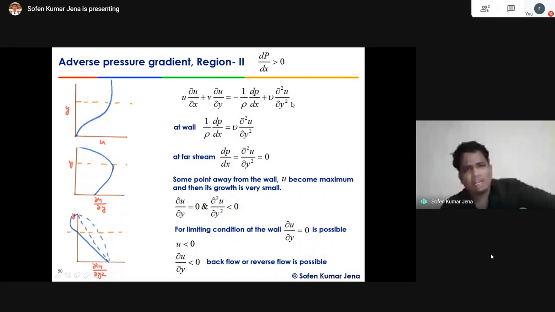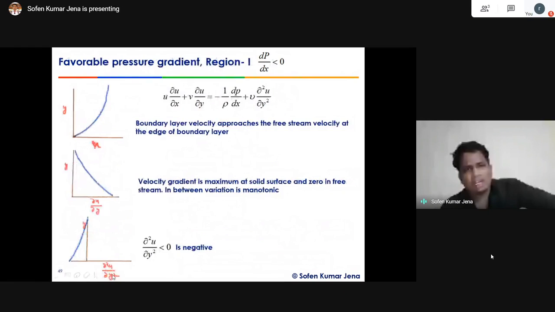So far from the wall, in the free stream, what happens? Far from the stream, the shear vanishes, right? That's why there is no pressure gradient in the free stream region, far from the boundary layer. But at the wall, the pressure gradient is of the same order as nu del square u by del y square, right? At the wall, del square u by del y square is by default negative, right?